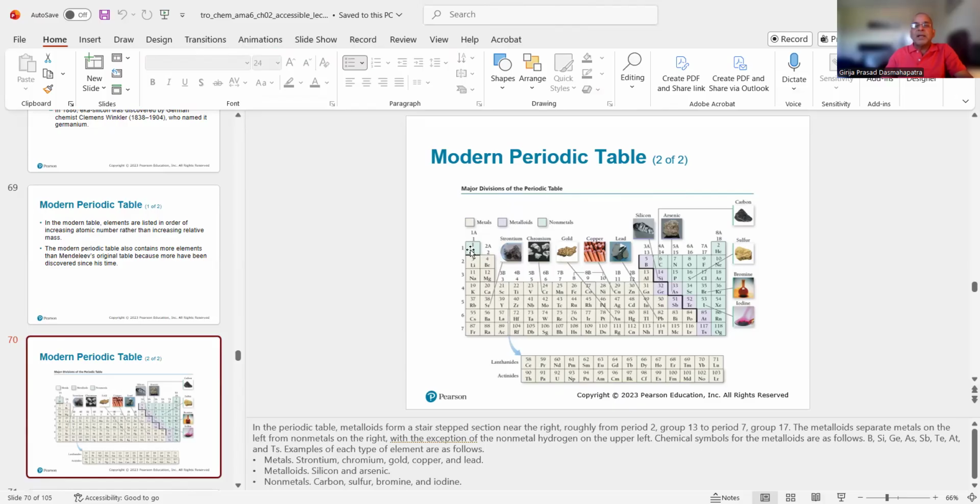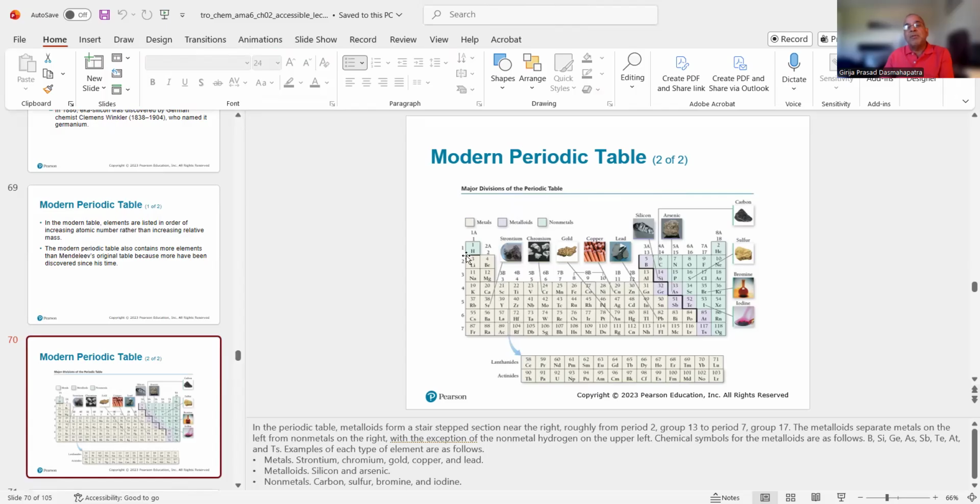These vertical lines are called groups, and these horizontal lines are called periods. There are 18 groups, 1 to 18, and there are 7 periods, 1 to 7. In the case of groups, the numbering is done in two ways. You can number the groups starting from 1, 2, 3, 4, 5, 6, 7, 8, and then up to 18.